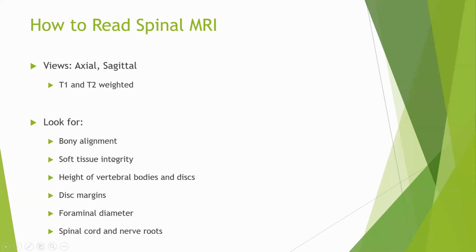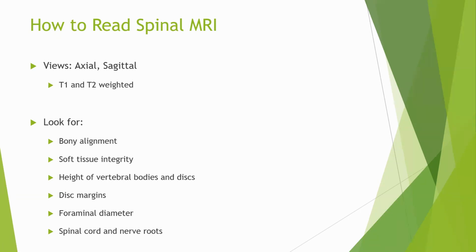But if you are looking at a spinal MRI, bony alignment I have already done on the X-ray. My thought process is whether the disc is intact or not. That is the reason I want to see the MR. I certainly will check bony alignment, but it is not my priority. It will probably be the third or fourth thing in my mind.